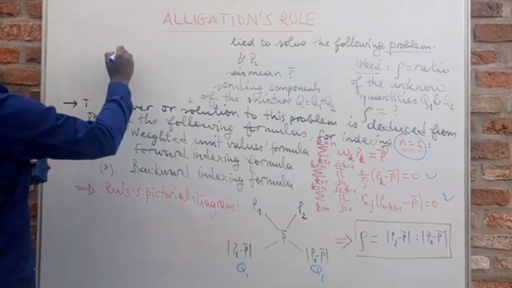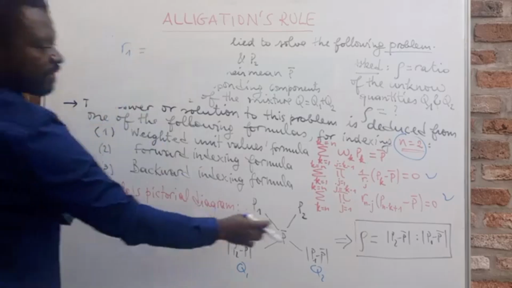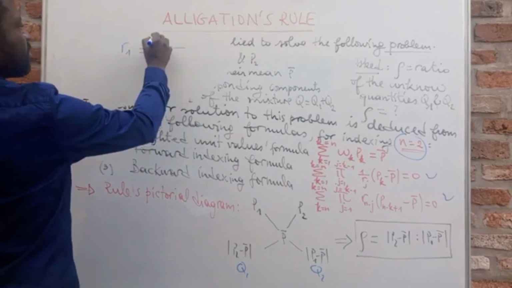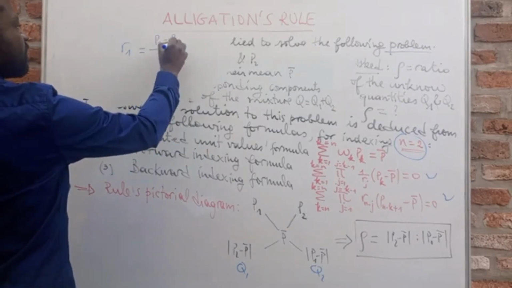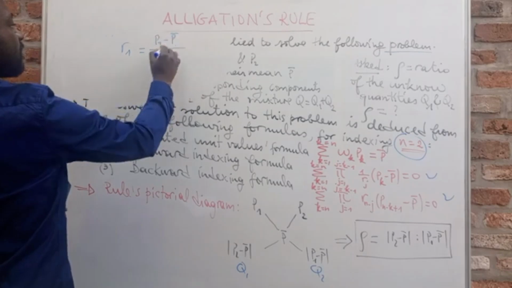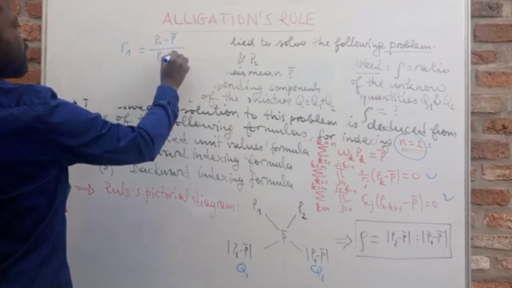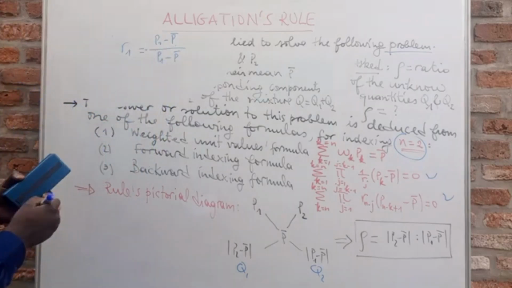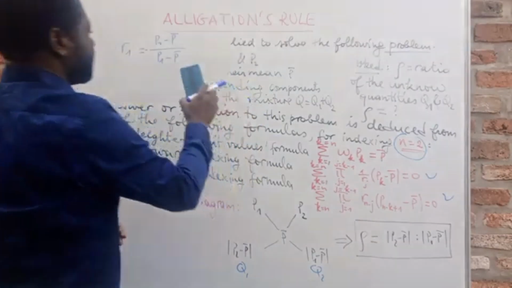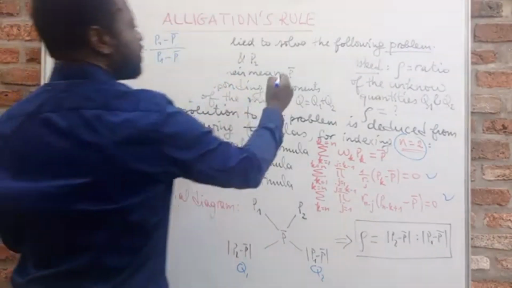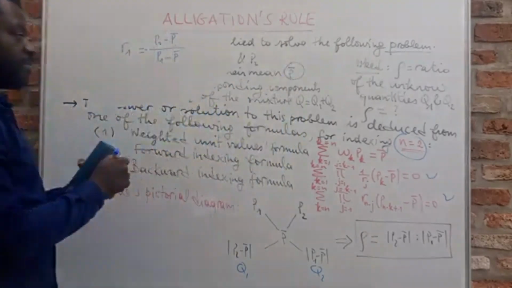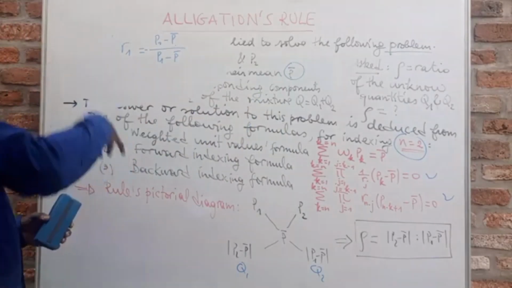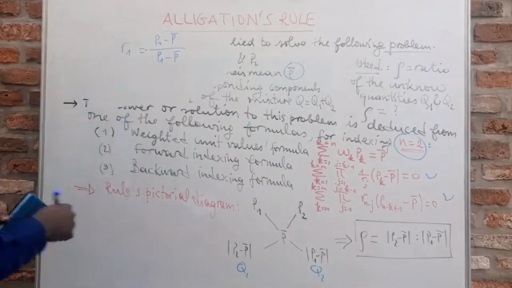This is R index 1. I'm referring to this indexing formula, P2 minus P bar over P1 minus P bar, and we are going to put the opposite value because the mean unit value is an average value which must have a central tendency property.